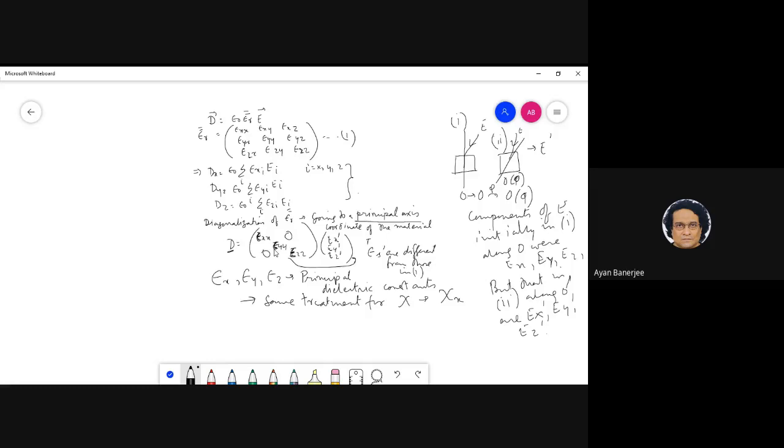We know that the rotation you have is 45 degrees of the electric field, right? Basically, you have to initially align the beam with respect to the optic axis. It is only then that the phase between Ex and Ey will be 90 degrees, right? So this is basically something like that.